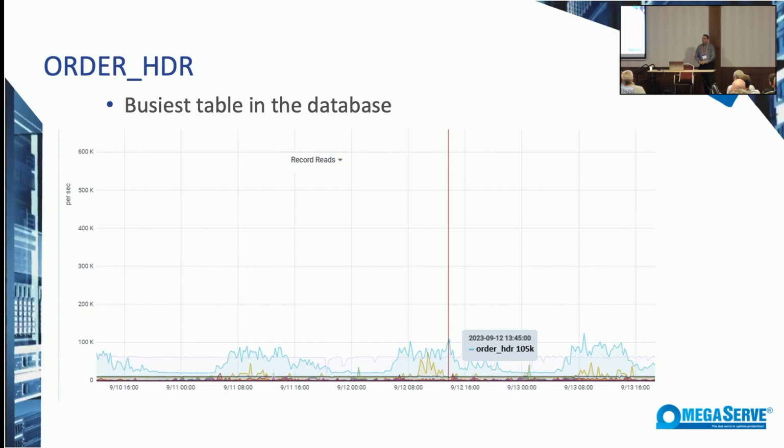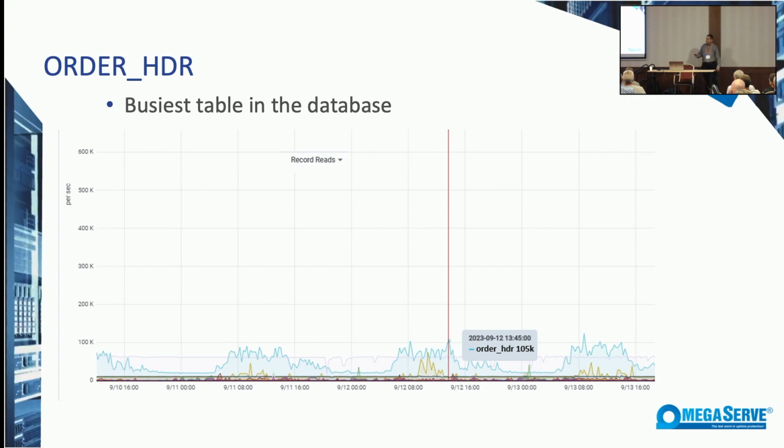So as we saw from our trending, order header was by far one of the busiest tables in the database. I think there was only one other table that was being read just as much as order header. By capturing the trending information over time, we saw this blue trend line here. This is order header.